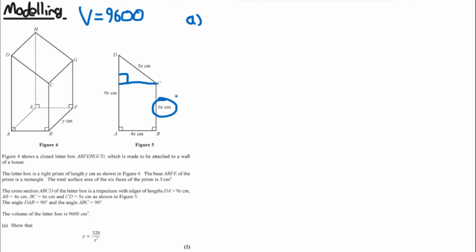Okay, so the area of this rectangle is going to be, this side is 4x and this side is 6x, so the area is 4x times 6x, which is equal to 24x squared. And then the area of this triangle, this here is going to be the base, and this is just 4x, the same side here.